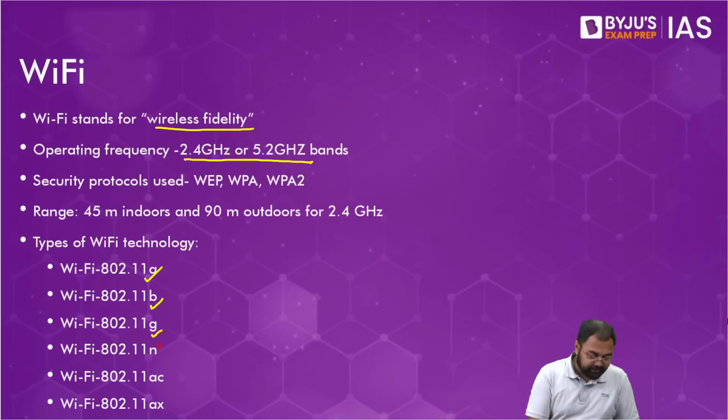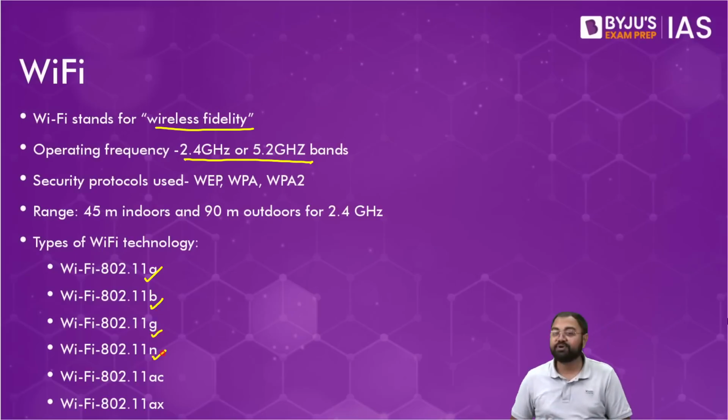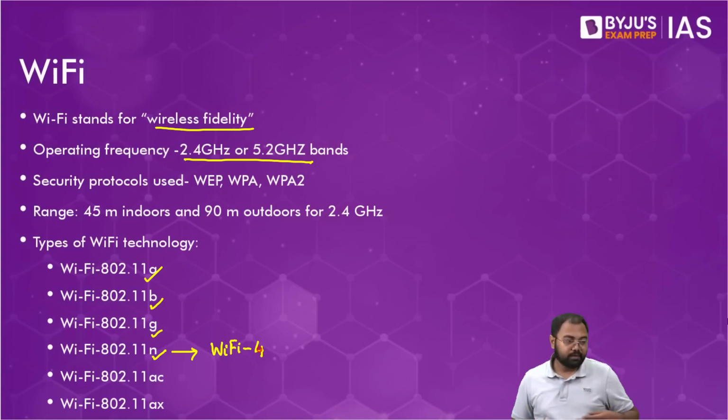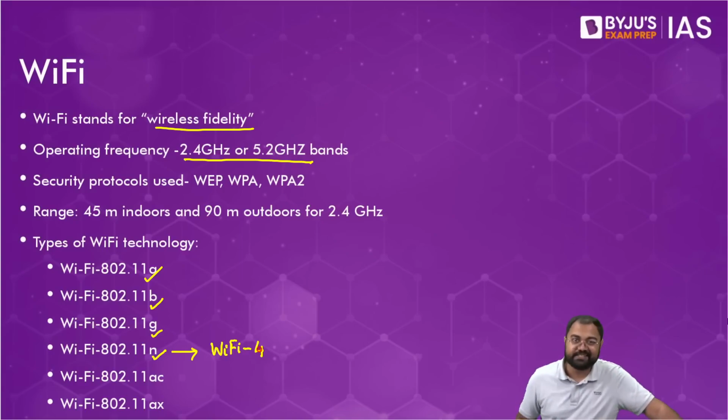By the time it came to 802.11n, Wi-Fi had become a very famous and popular technology, and owing to this popularity, this was named Wi-Fi 4. Just to make the nomenclature easier, subsequent ones were named Wi-Fi 3, 2, and 1.